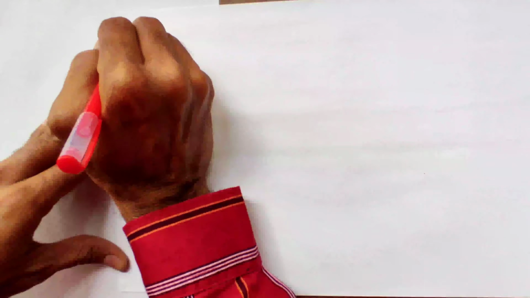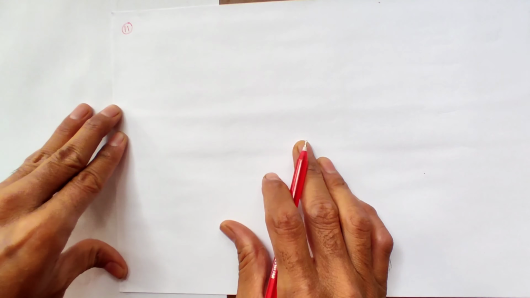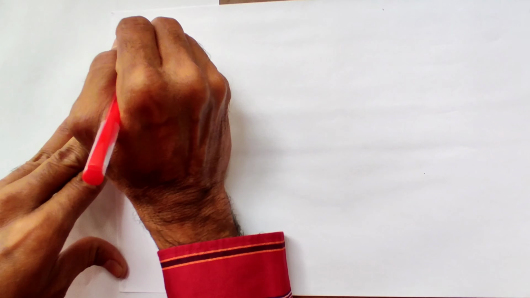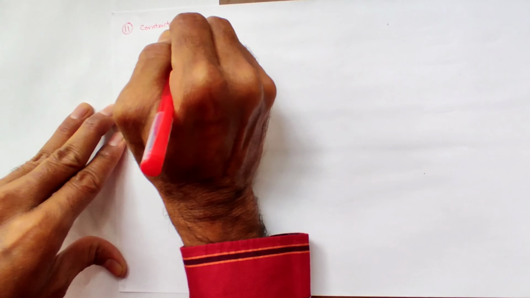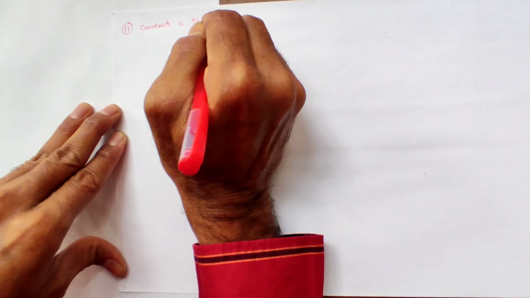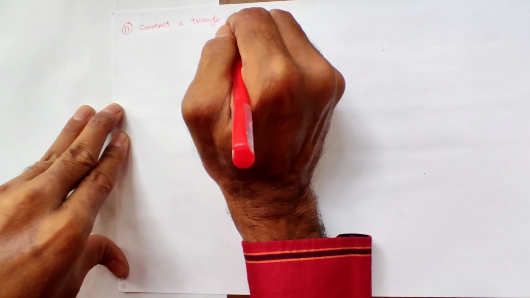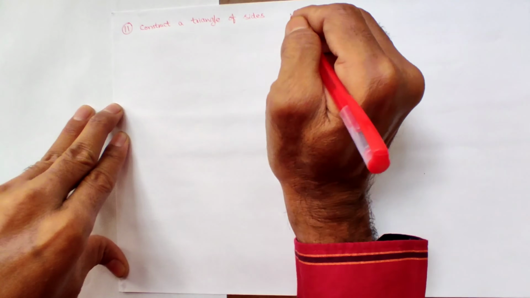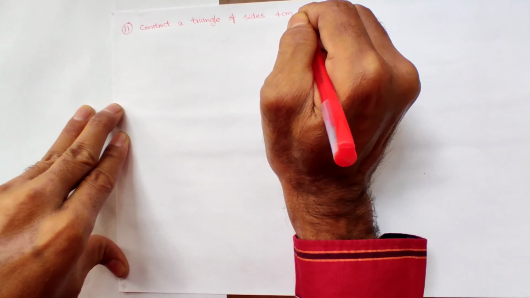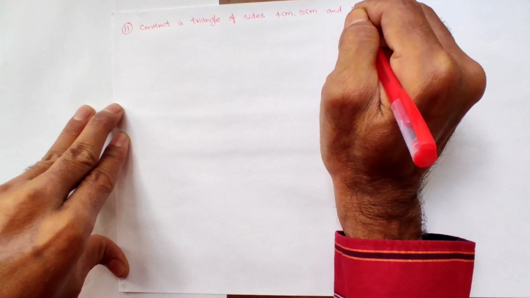Now let us see question number 11. Construct a triangle of sides 4 centimeter, 5 centimeter and 6 centimeter.